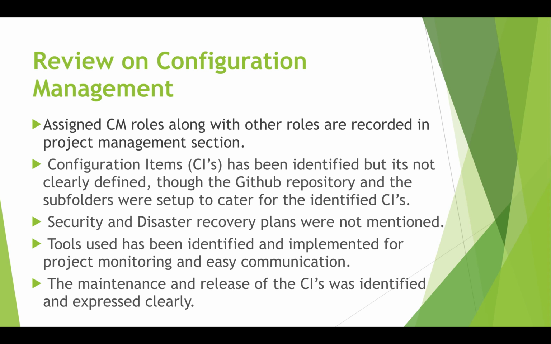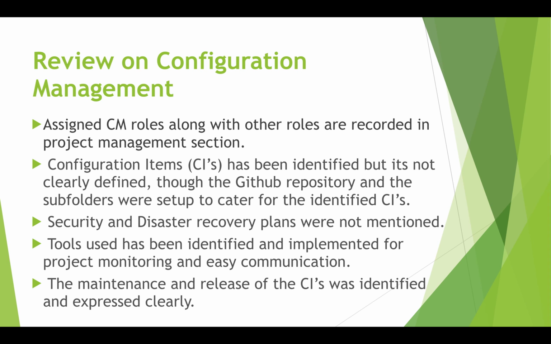Next, the configuration items have been identified, but they are not clearly defined in this document, though the GitHub repository and subfolders were set up to cater for all these identified CIs, such as the code.